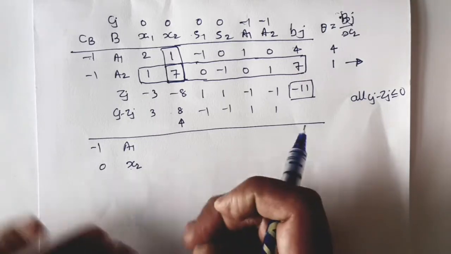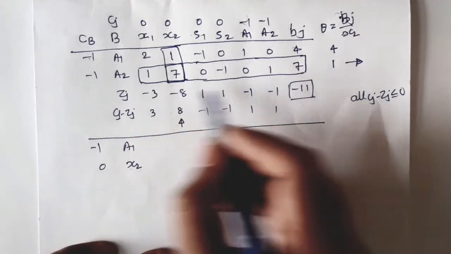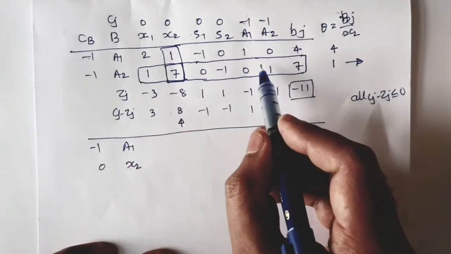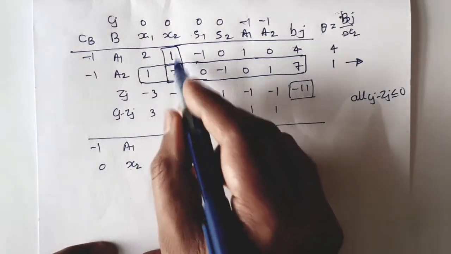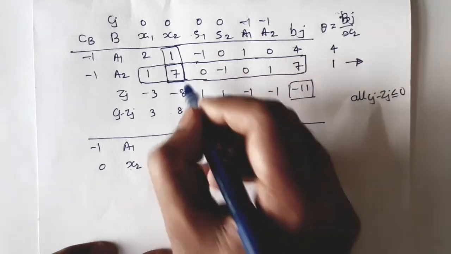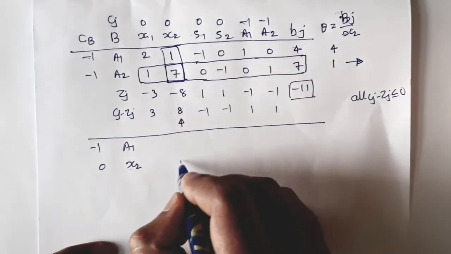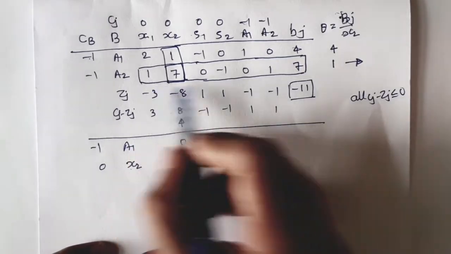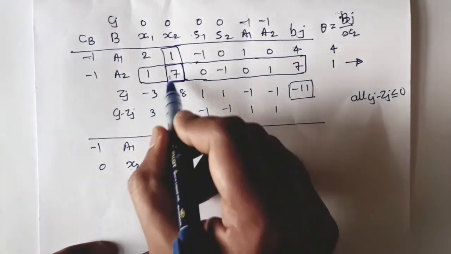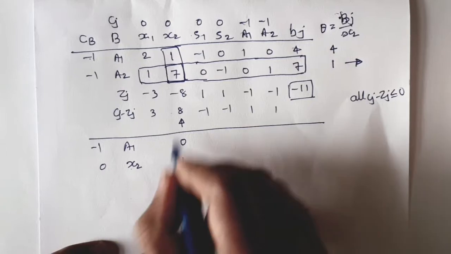To get the values of all these elements, we first start with the key column. In the key column, instead of the key element, just note down 1, and any other element is 0. For the key row, divide all elements by the key element, which is 7.